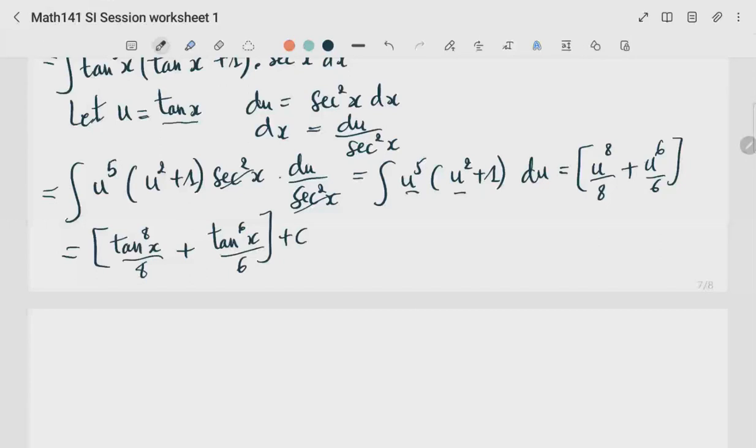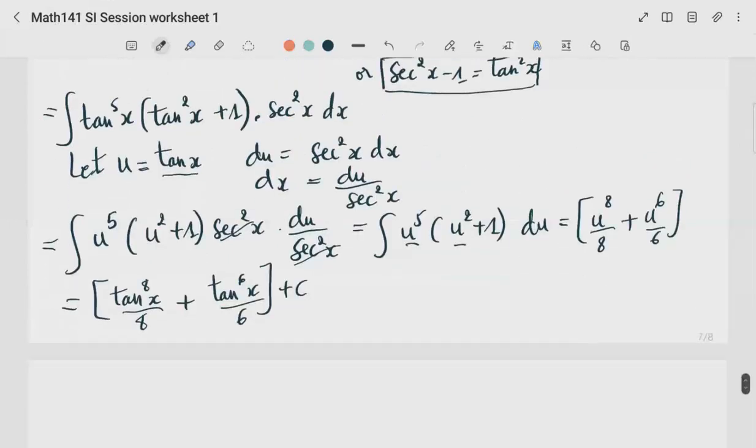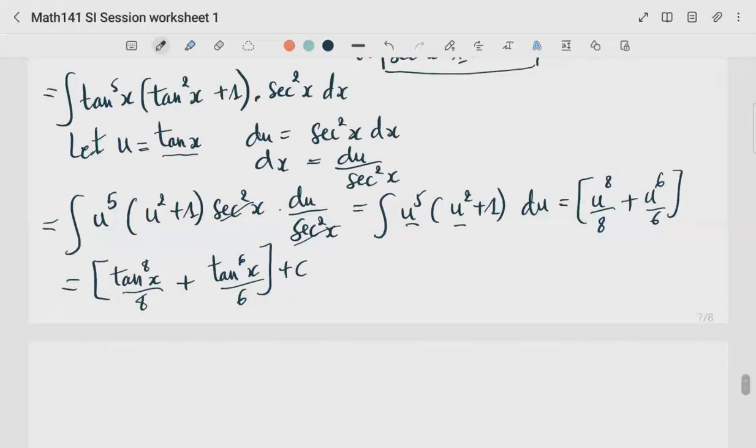So in this case, we don't actually need integration by parts, and I suspect that's the reason why, because we have trigonometric functions under the integration sign. All we need to do is find a way to use u substitution to link the functions.